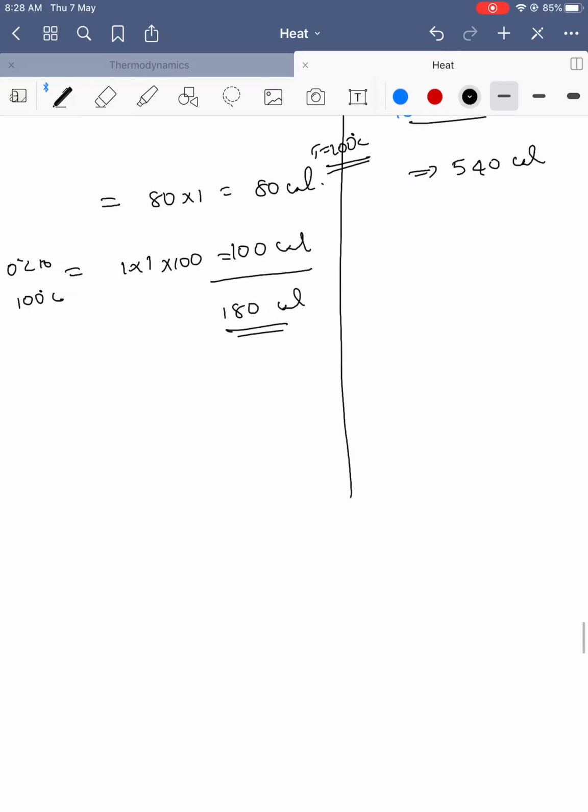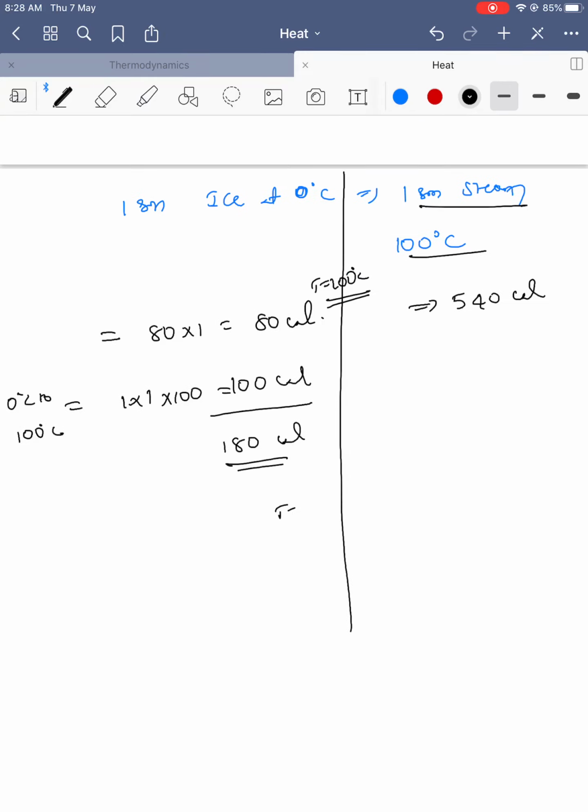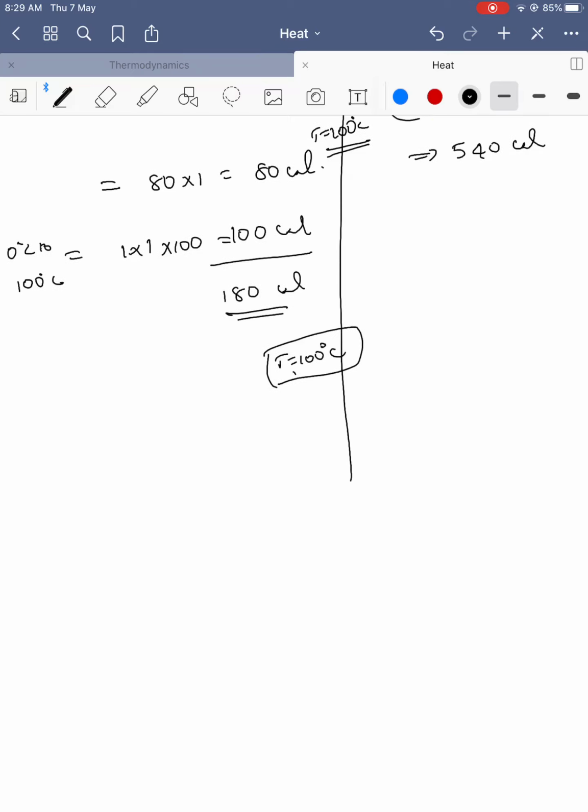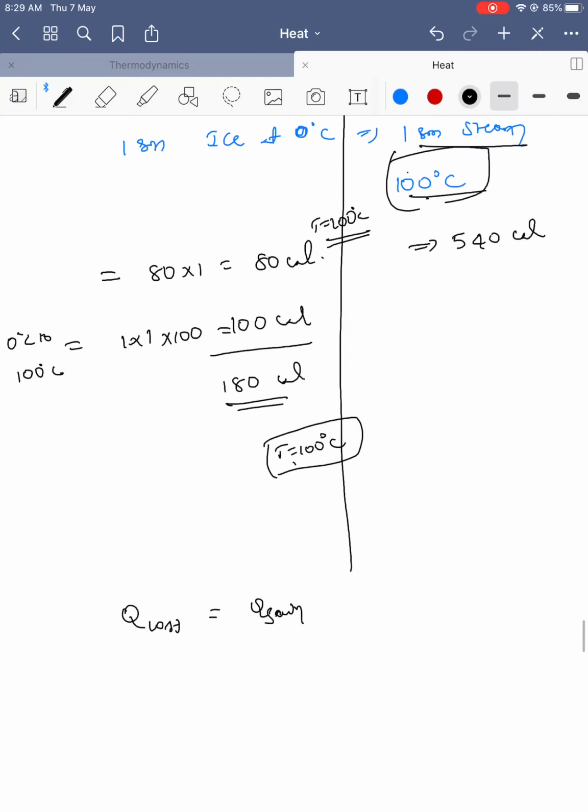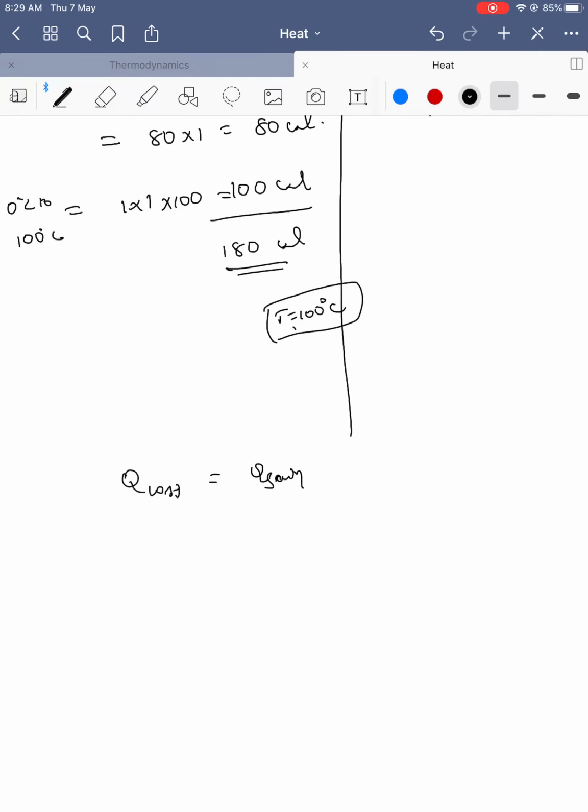So let's write the equation. They will attain the temperature of 100 degrees Celsius, but the entire steam need not be condensed. Q lost is equal to Q gain. How much energy is lost? Q lost depends on Q gain. So it is equal to Q gain, m into L plus m S into delta T, which is equal to 80 plus 100, equal to 180.